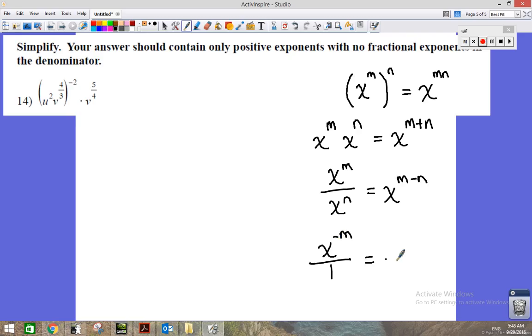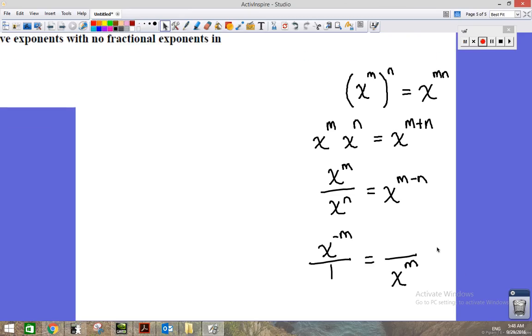I can change that negative m to a positive m if I change the location of the base within the fraction. Right now this is in the numerator. If I move it down to the denominator, then I have to change the sign on the exponent. So these are the properties that we're going to use in this problem.